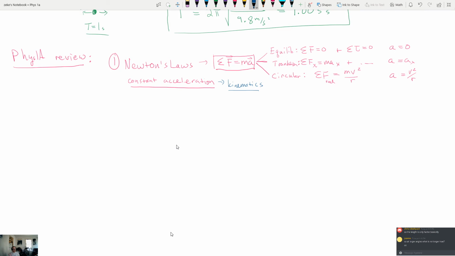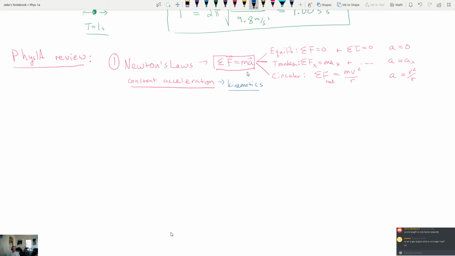We did 1 chapter on one-dimensional kinematics, 1 chapter on 2-dimensional kinematics, and 3-dimensional, but we didn't spend a lot of time on it, right? So this is a very small portion of physics, but keep in mind that kinematic equations only work with constant acceleration, and really, Newton's laws, all this stuff, almost always refer to constant acceleration.